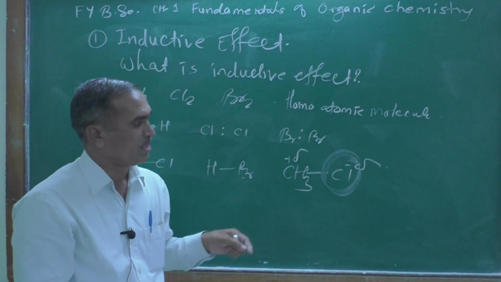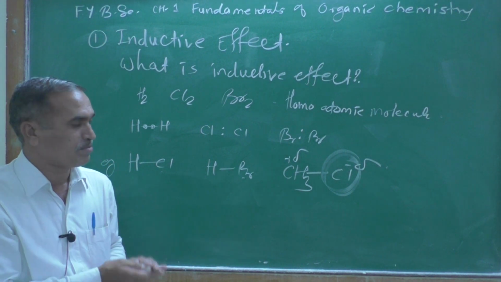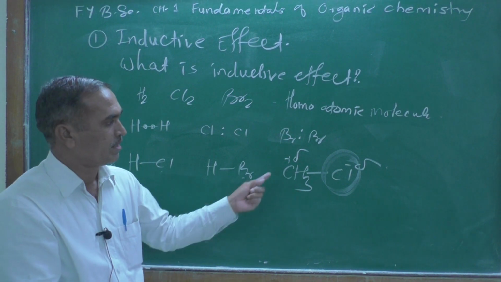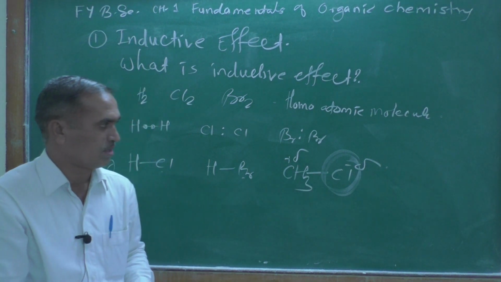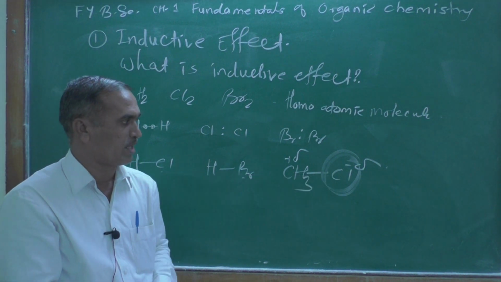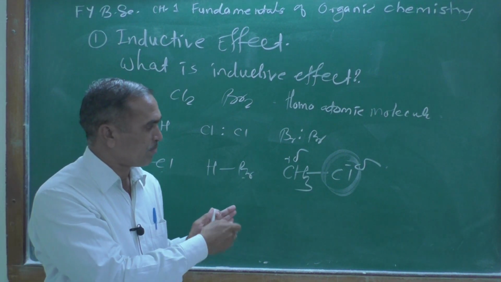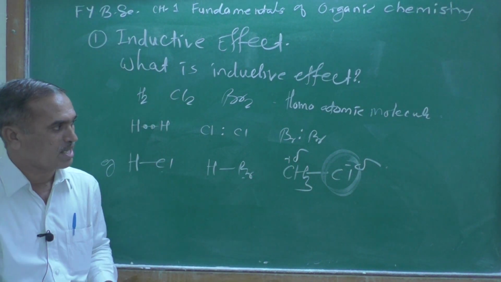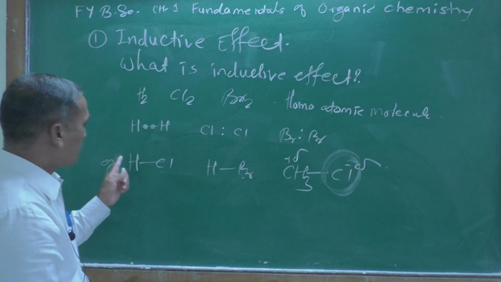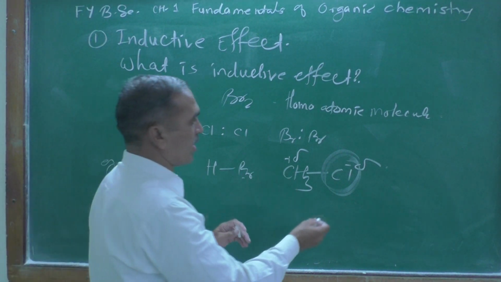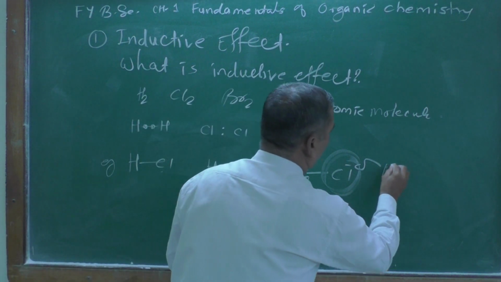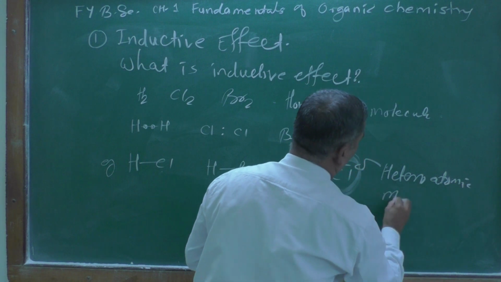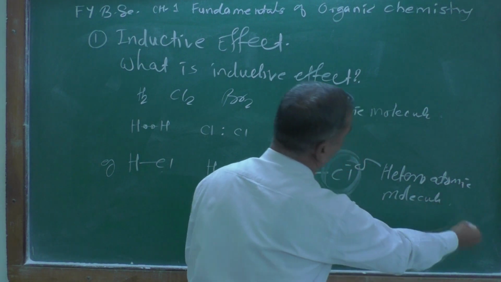This type of electron density distribution occurs in the covalent bond between carbon and chlorine. These are the heteroatomic molecules.